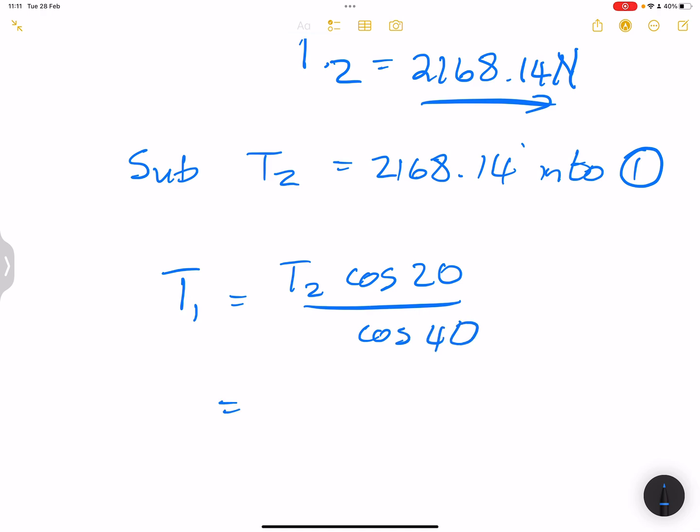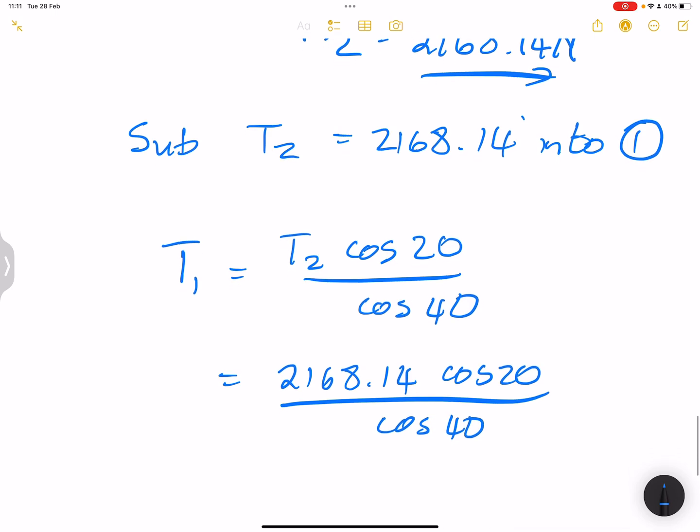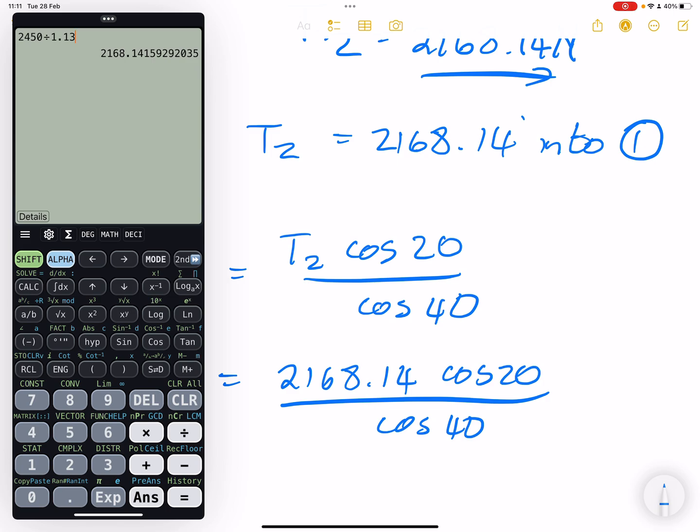And so I'm going to put that value, 2168.14 cos 20 over cos of 40. Let me take that value and multiply the answer by cos of 20, and I divide that by cos of 40.